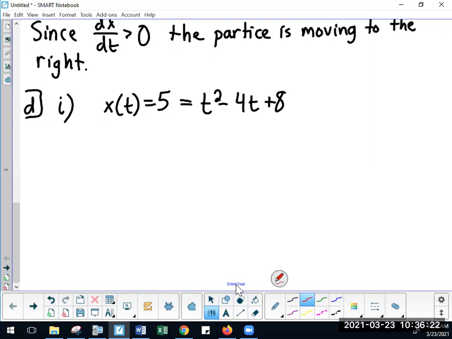Now, I have not reminded you of this in a while. I'm going to remind you of this. Do not write this. This is a quadratic equation. When you have a quadratic equation, you don't want things on different sides. You want everybody on the same side.